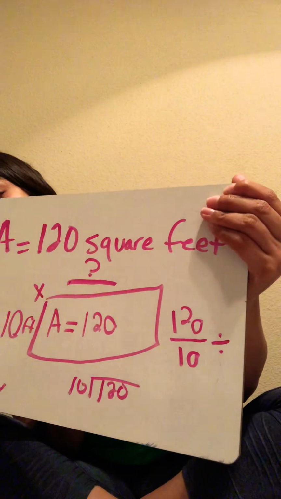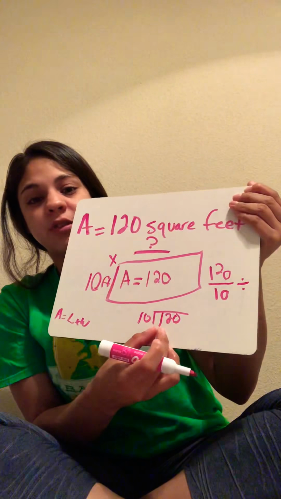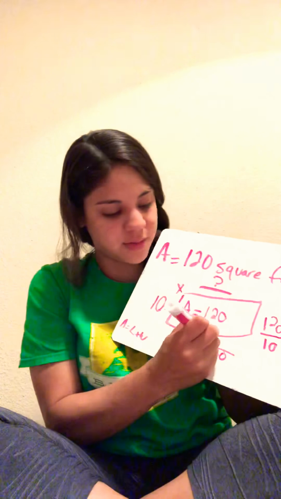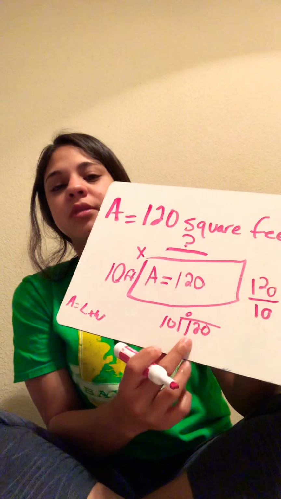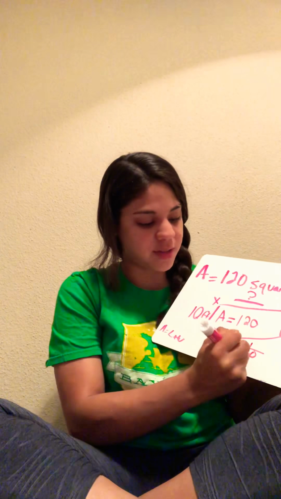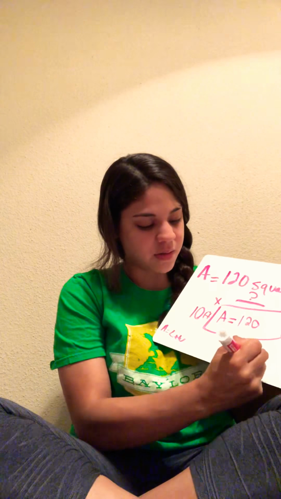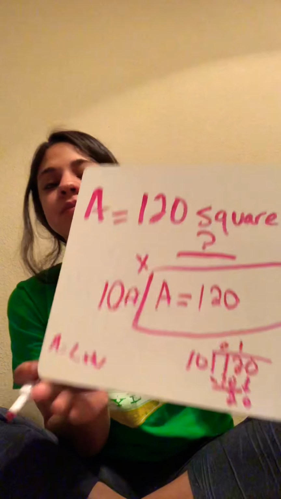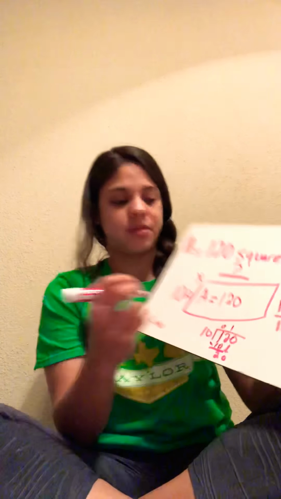Oops, sorry. So how many groups of 10 can I make from 1? The first one? Nothing, right? So it becomes 0. How many groups of 10 can I make from 12? I can make 1 group. So 10 times 1 would give me 10. Bring down your 2. Bring down your 0. How many groups of 10 can I make from 20? Well, that'll be 2 groups.